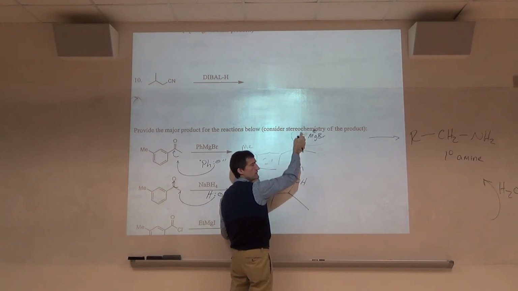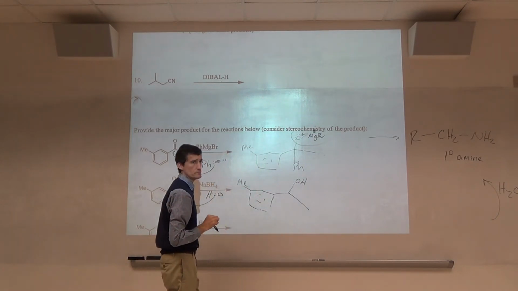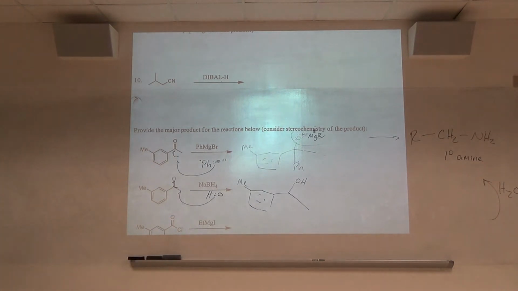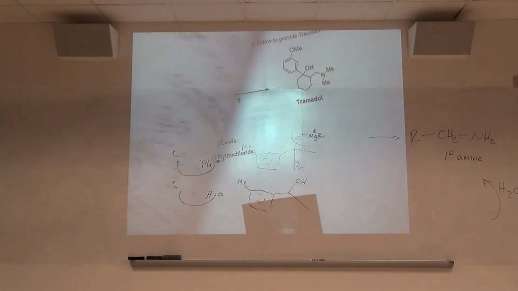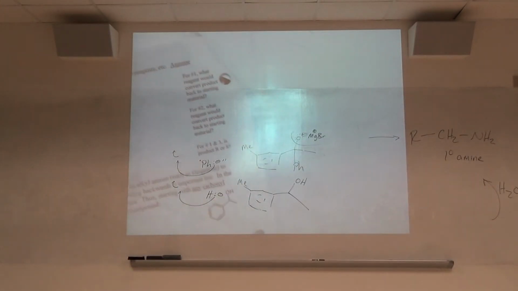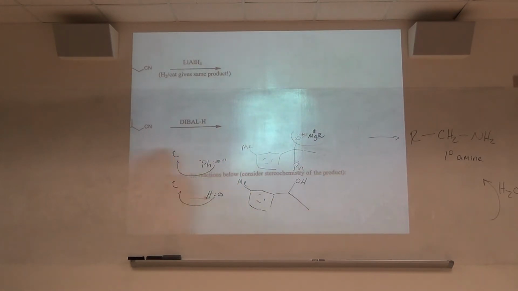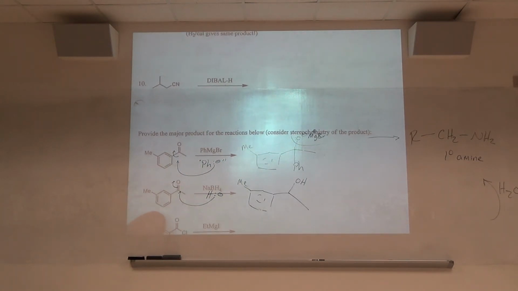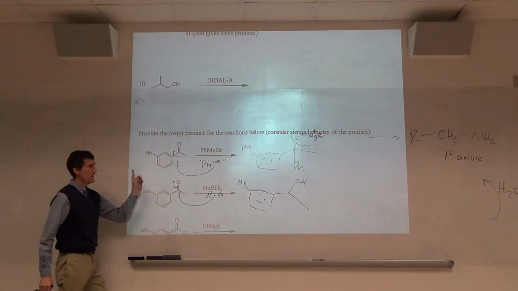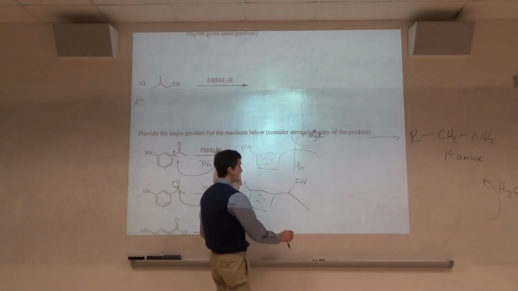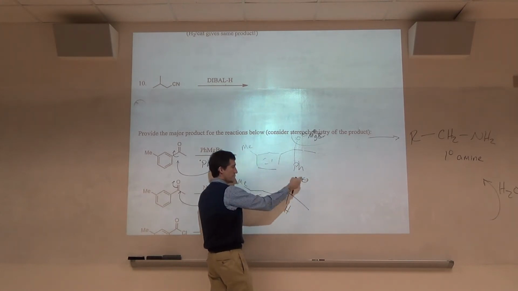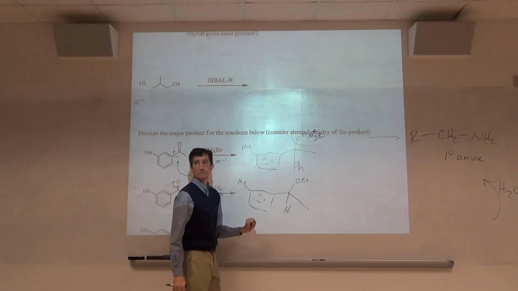Nothing's going to make a pi bond and kick that off. With aldehydes and ketones, one nucleophilic addition, and then game over. Down here, H minus added, electrons up, that became O minus, game over. All you can do is put a proton on.